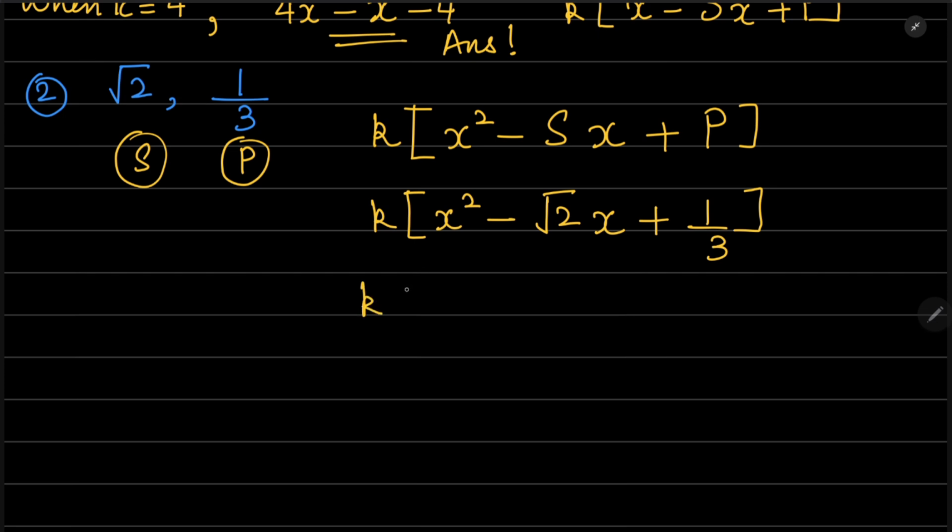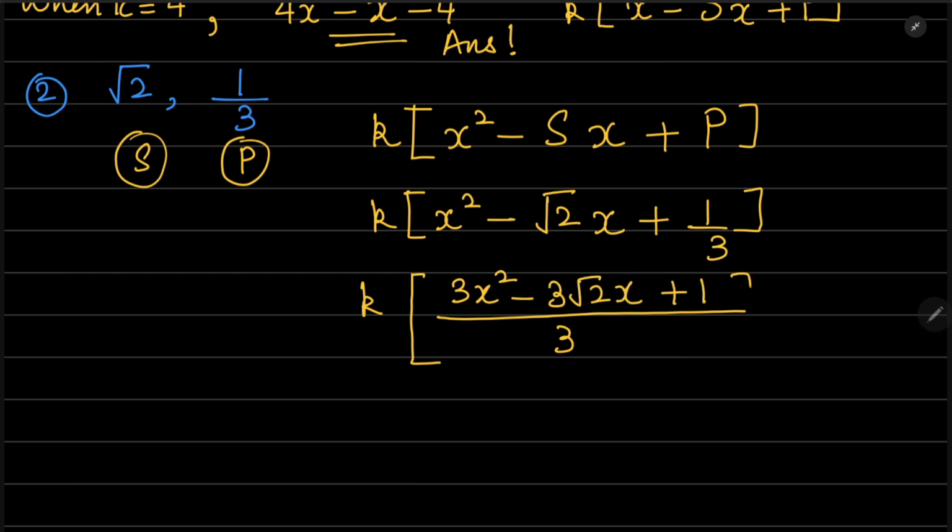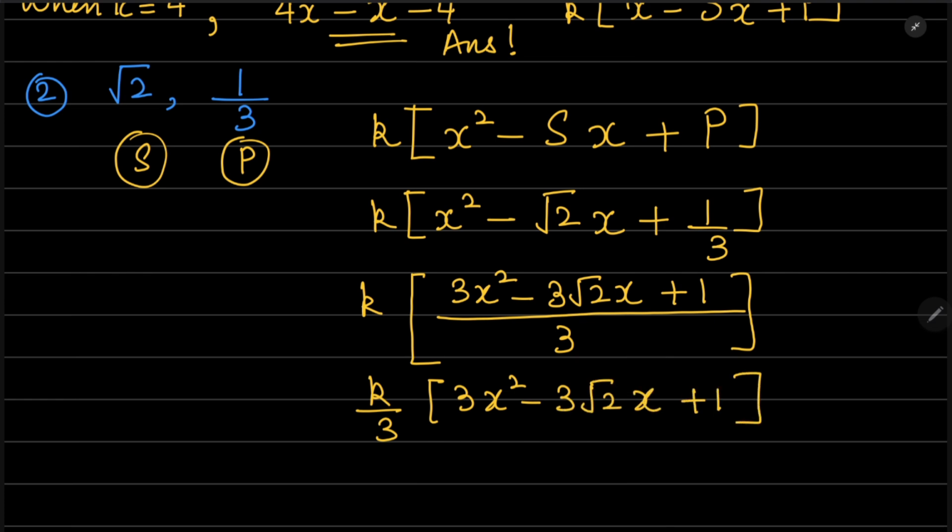Let us take the LCM. Denominator 3, so numerator will be 3x square minus 3 root 2x plus 1. So k by 3 multiplied by 3x square minus 3 root 2x plus 1.